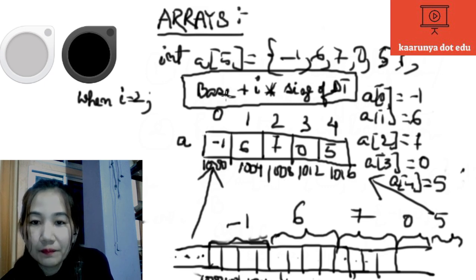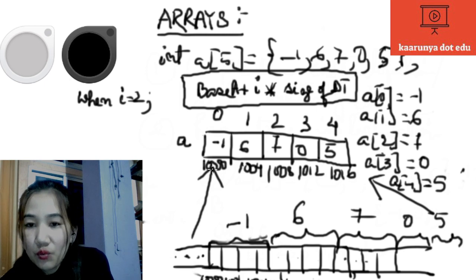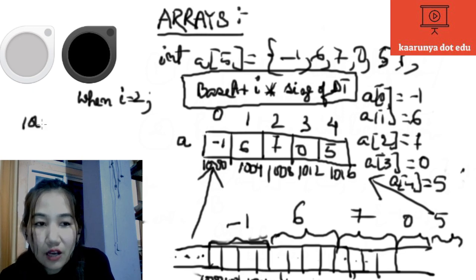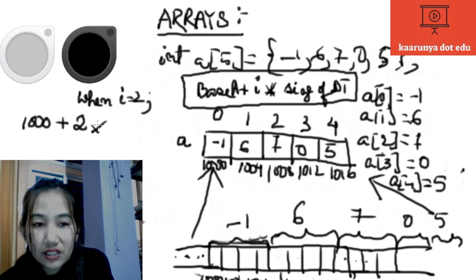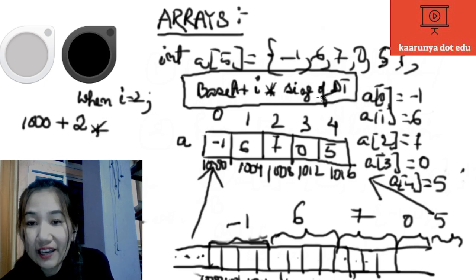This base address is your starting address, which is 1000. So base address is 1000 plus I, which I have taken as 2, asterisk the size of the data type, which is 4 here.